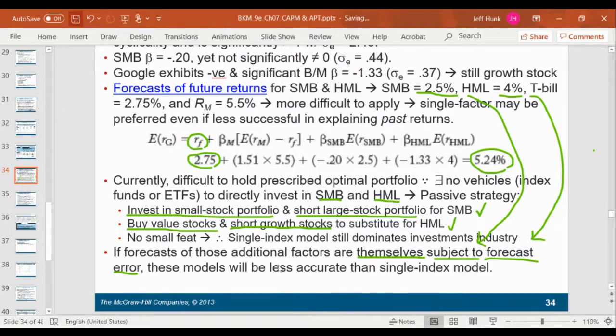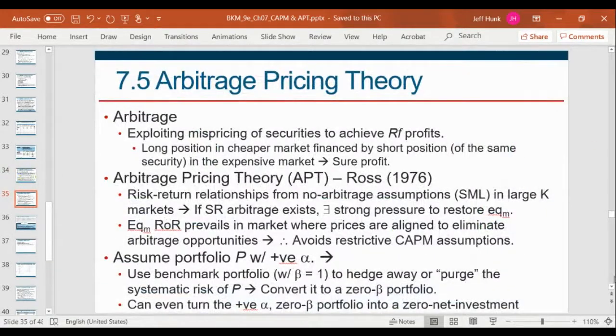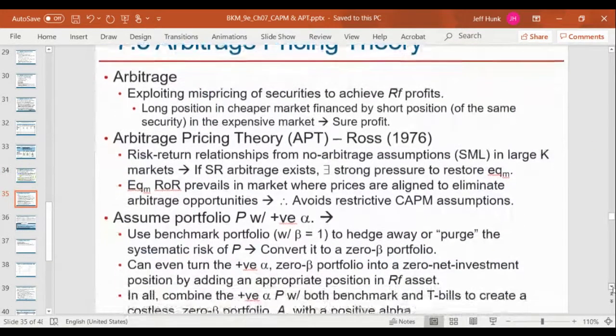So that's why. That wraps up everything about the multi-factor models, and we're finally moving on to the APT, or arbitrage pricing theory.